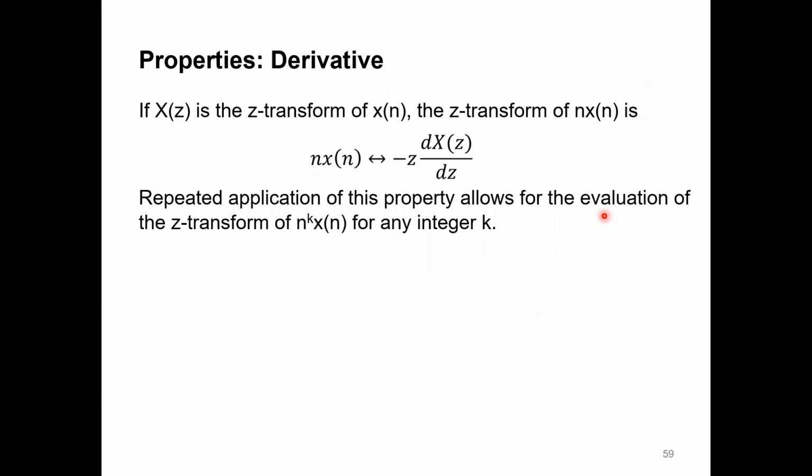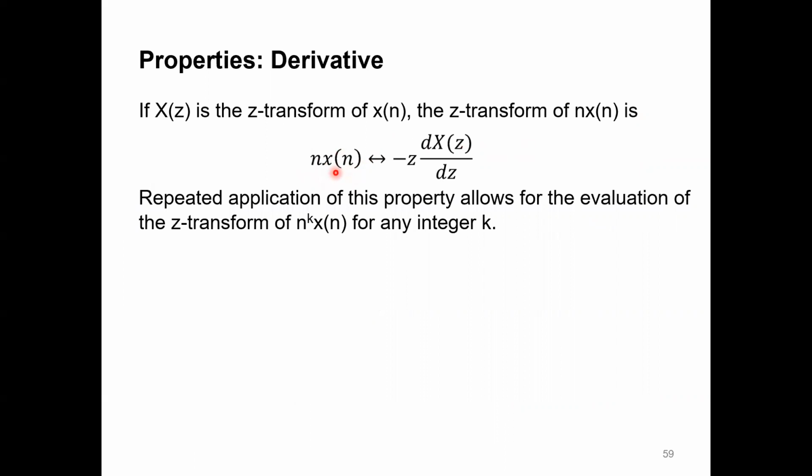The other property is the derivative. If there is a function in the time domain which is multiplied by, sorry, this is not just another number, it's the time index n in front of x[n].